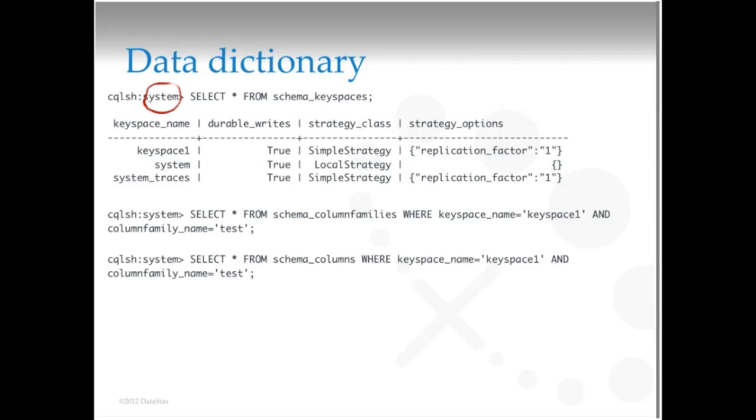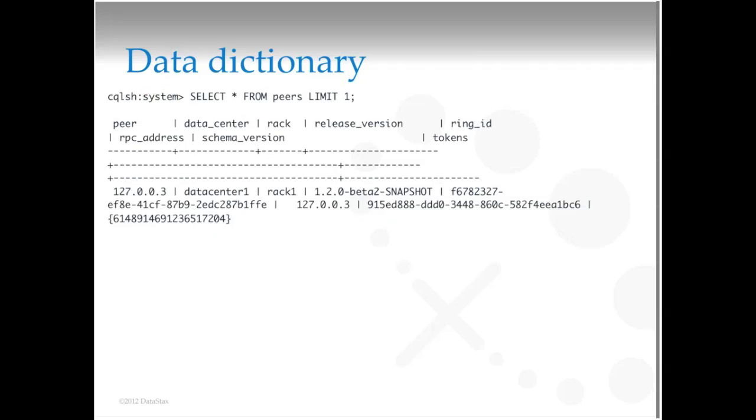So given those pieces of information, a client can actually determine, for a row that it wants to query, where that row lives in the cluster, and use a connection pool to connect directly to a node that has that data locally, rather than going over an extra hop through a coordinator that doesn't have the data locally. Existing clients like Hector and Astyanax like to do this already.